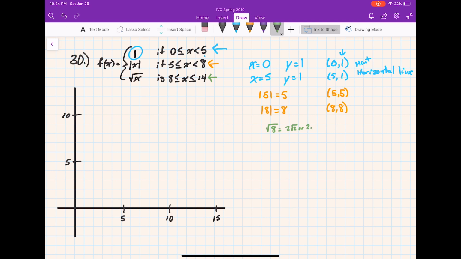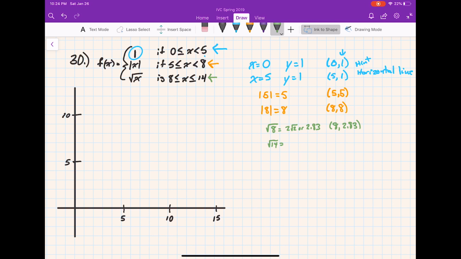2.83 and a whole bunch of other numbers, but we'll just round it to this. So our ordered pair is going to be 8, 2.83. Now let's sub in 14. This one's going to be an awfully ugly number.